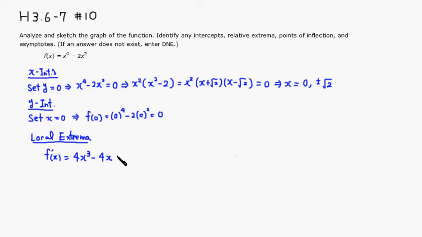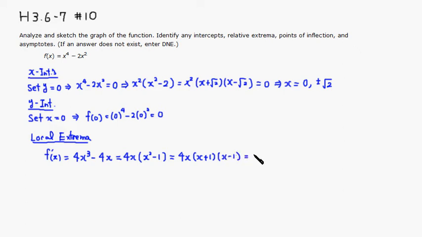So factor out 4x, and you have x squared from the first term and minus 1 from the second term. Then since this is the difference of squares, we can factor it further. So it's x plus 1 times quantity x minus 1.